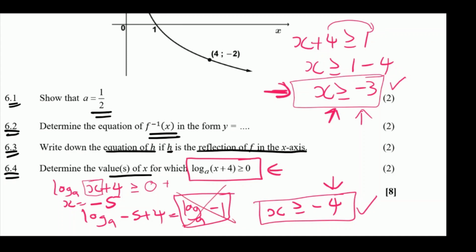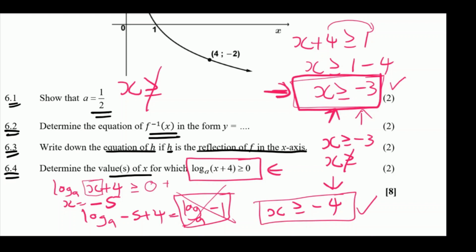So it tells you that this solution of x that we found, being greater or equal to -3, should not exceed -4. So x being greater or equal to -3, right? But x must not be, let me write it properly, x must not be greater or equal to -5.